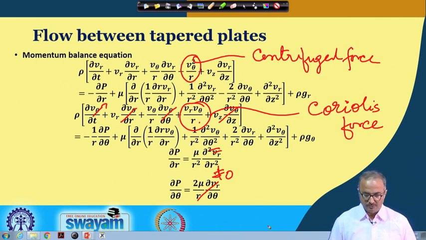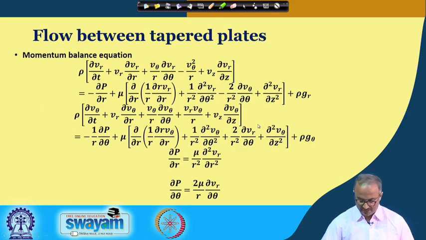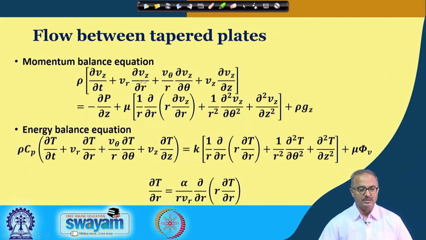Now let us come to the other direction, that is the Vz term. In this case there is no non-zero term, because the Vz component is anyway 0, so all these terms will be 0, and here you will also find that there is no Vr term.